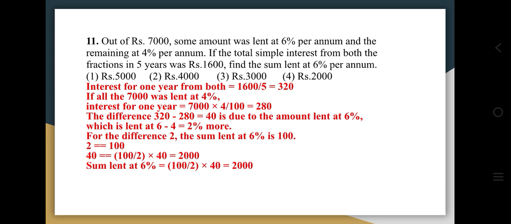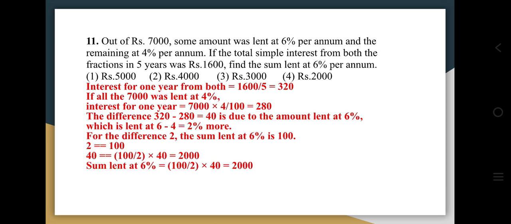After simplification, you can very easily see that it is 280. So if all the amount was lent at the lowest percentage, 4%, the total interest is rupees 280.